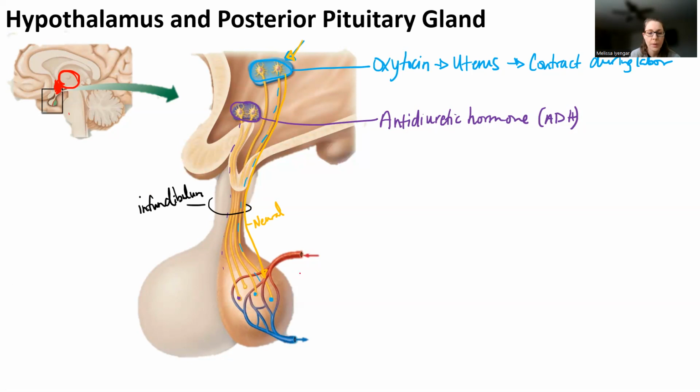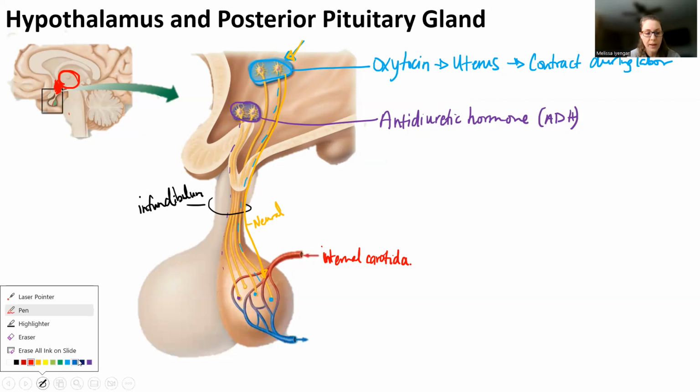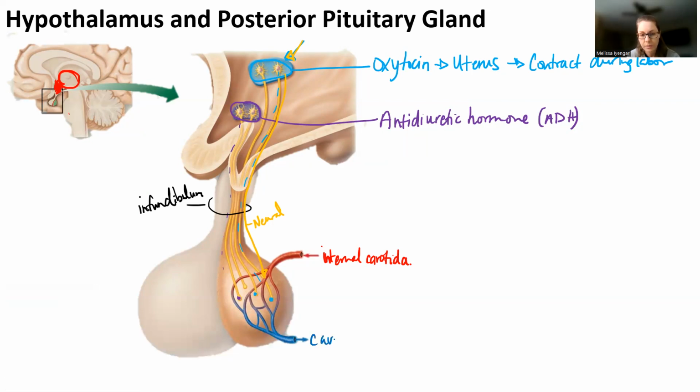And we want to remember the blood that's coming in is coming from the internal carotid artery, and then the blood that's leaving is going out the cavernous sinus. So essentially, oxytocin enters the bloodstream and then moves around until it gets to the uterus or its target locations.